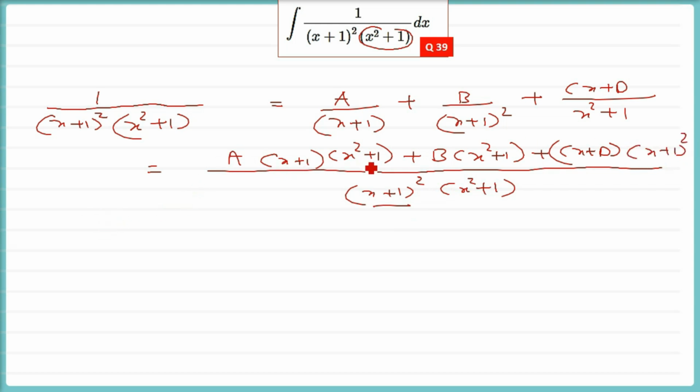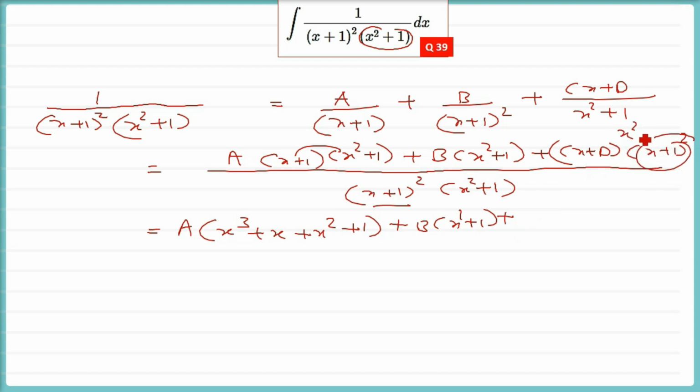Now on the left and the right, what do we have? Before cancelling the denominator, let's multiply these two, x plus 1 and x square plus 1. So we have x cube plus x square plus x plus 1. This comes along with a. With b it will be b times x square plus 1, and with cx plus d you have to expand x plus 1 whole square. It will be x square plus 1 plus 2x.